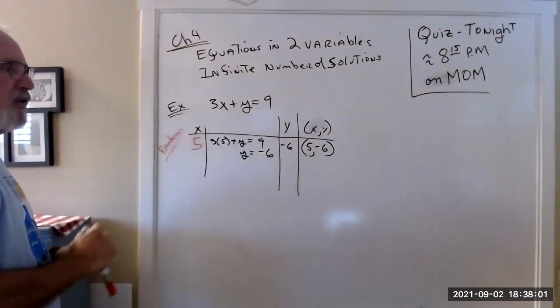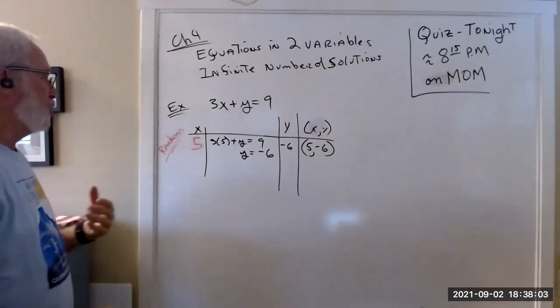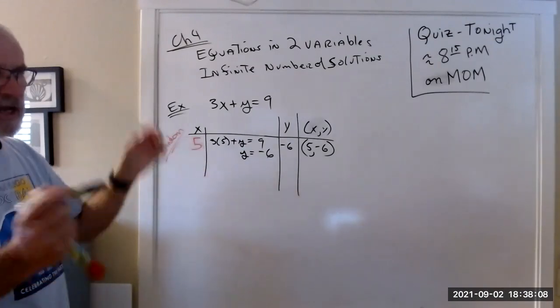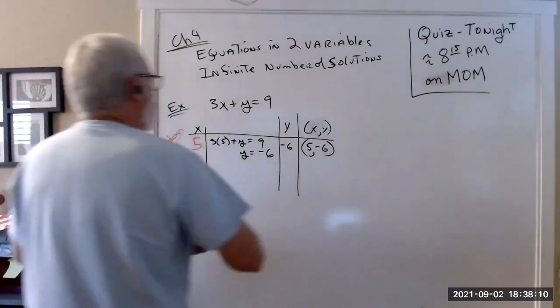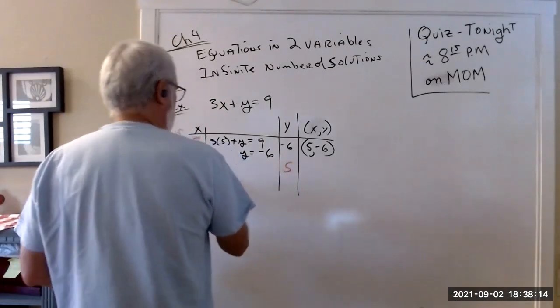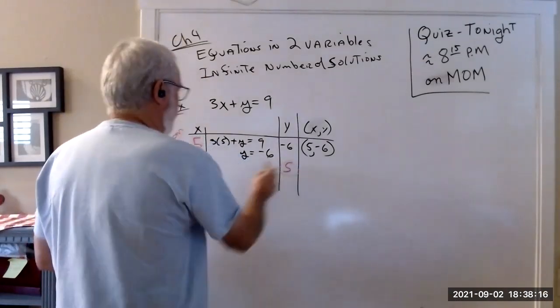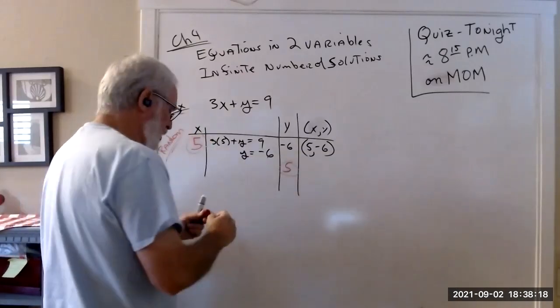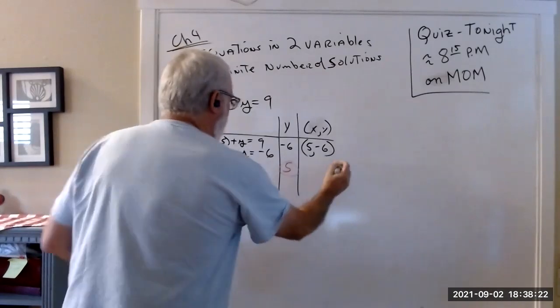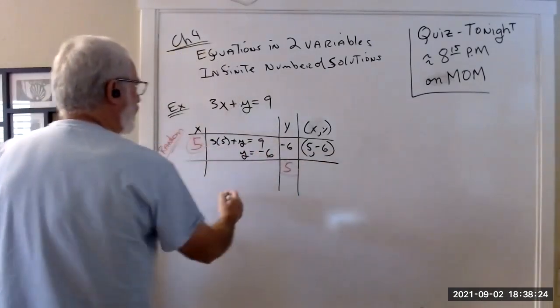Most people have been trained to always pick an x randomly. Pick an x, any x. Well, you don't have to. You could just as easily pick a y randomly. Again, the idea is you pick these numbers randomly. And so we plug in y is 5.